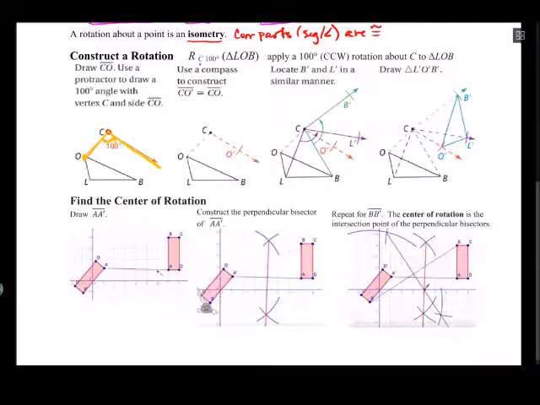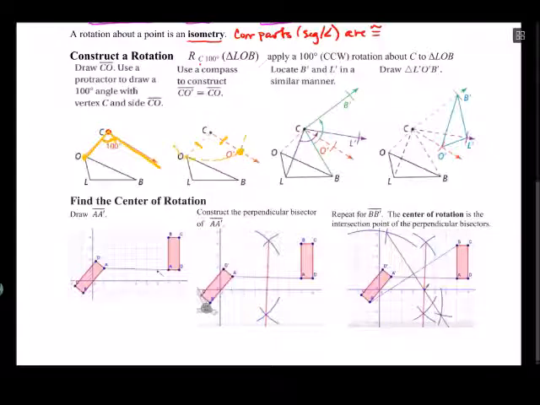And then I'm going to use my compass to construct CO prime. So a compass is just a measuring device, and remember this segment is going to be congruent to this segment. So I just use my compass to measure CO, and this is just a circle over here, right?